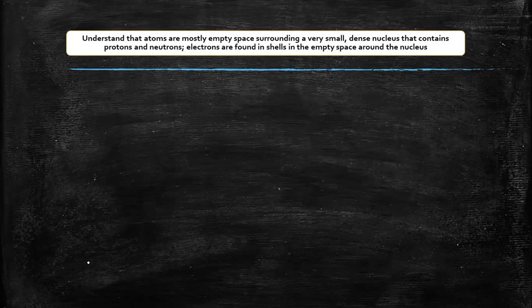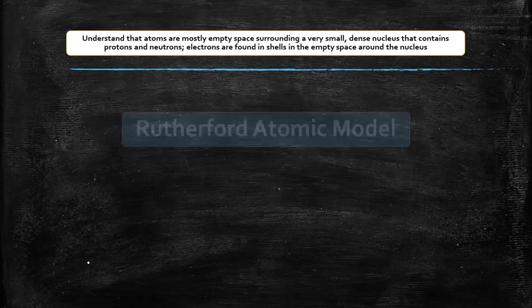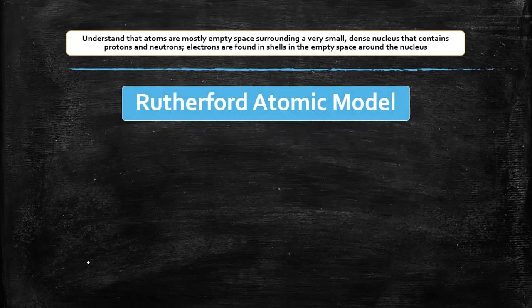There is a long story behind the empty spaces surrounding a very small, dense nucleus that contains protons and neutrons. That story was given by Rutherford. Later on, it was known as the Rutherford atomic model.